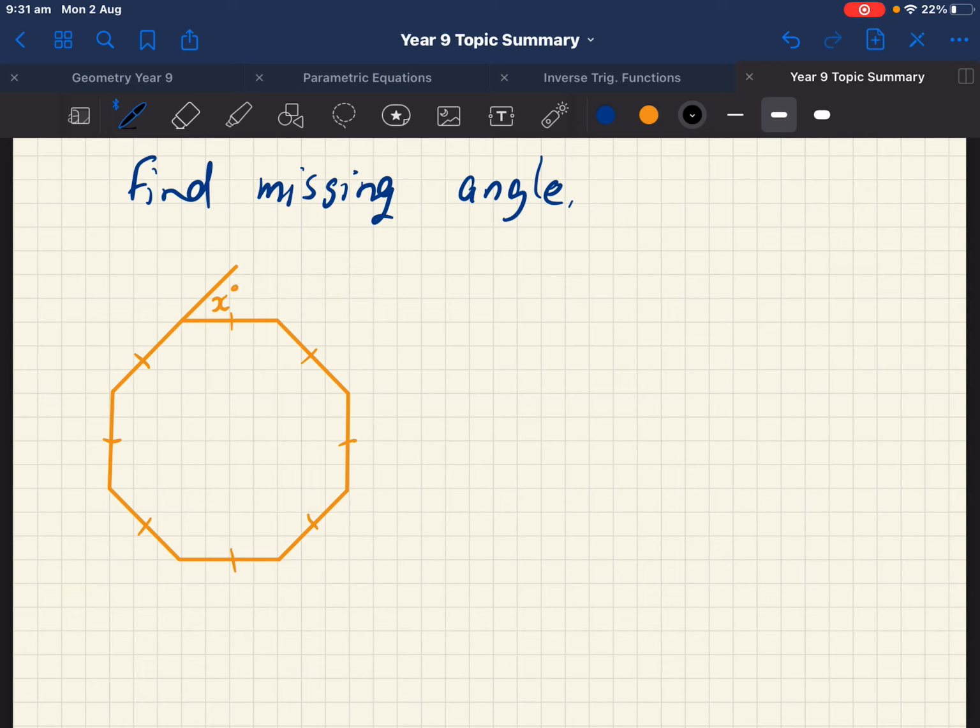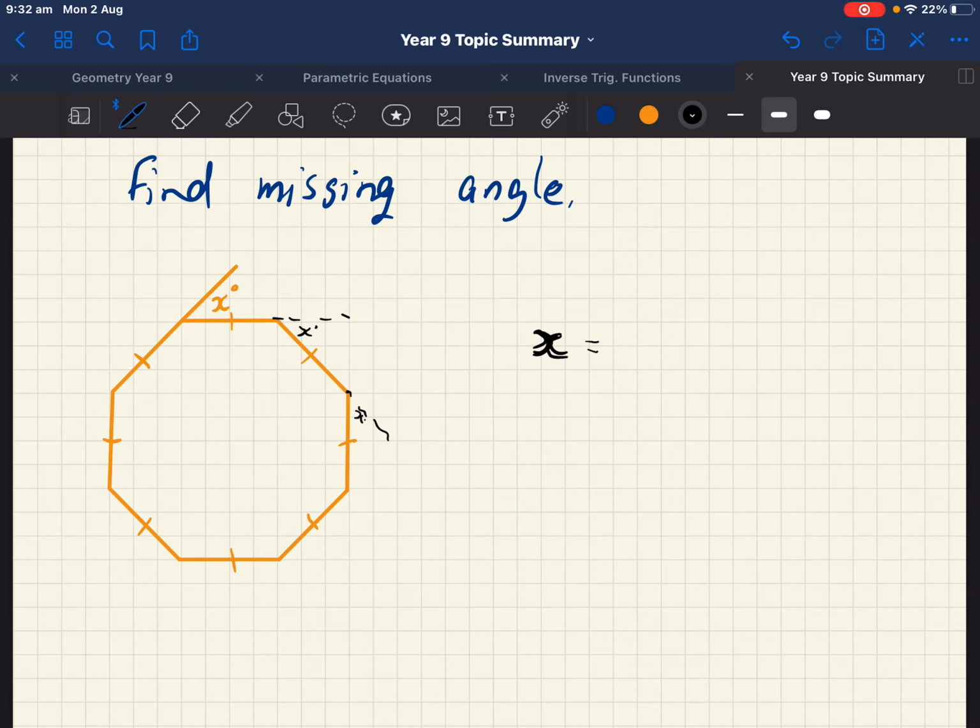So for the exterior angles, we learnt a shortcut again for the regular polygons. The exterior angles will all add up to 360. That means if you have a regular polygon, this only works for regular polygons, because with regular polygons, all the exterior angles will be the same. You can find the exterior angle straight away.